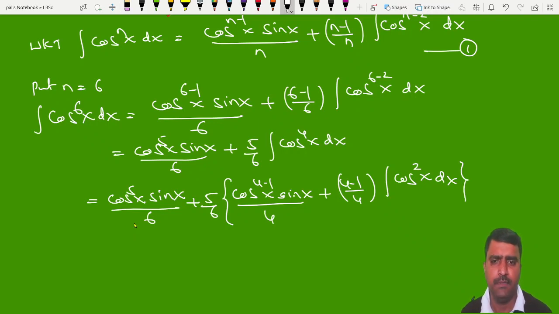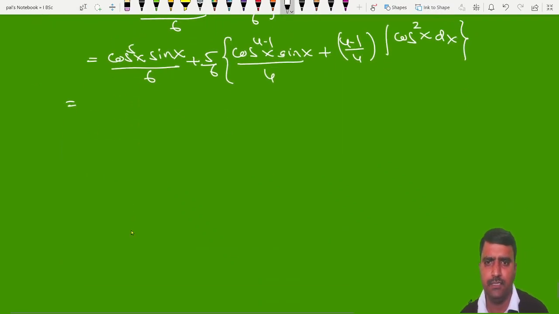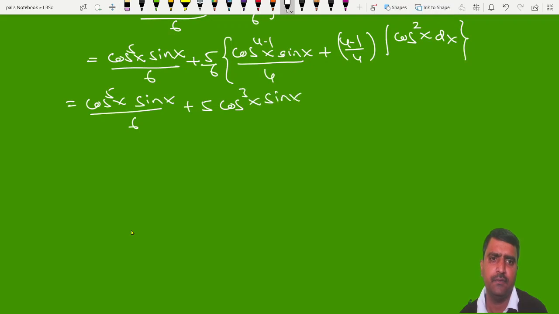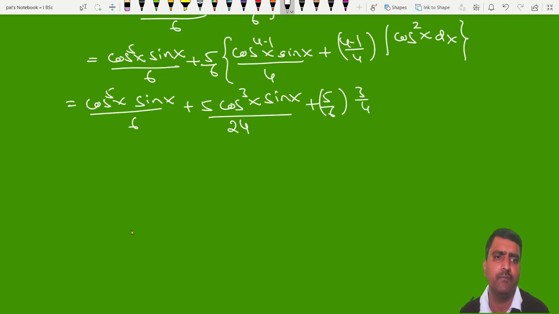Okay. So now simplifying this, which is equal to cos to the power 5 x into sin x divided by 6 plus 5 into cos to the power 3 x into sin x divided by 24, since 6 fours are 24, plus 5 by 6 into 3 by 4.